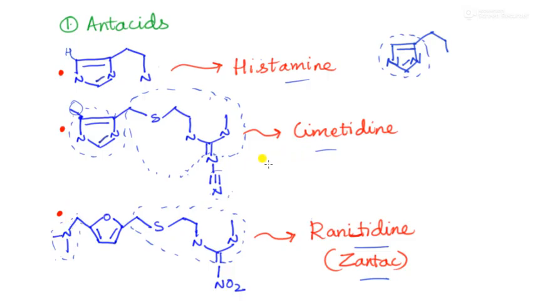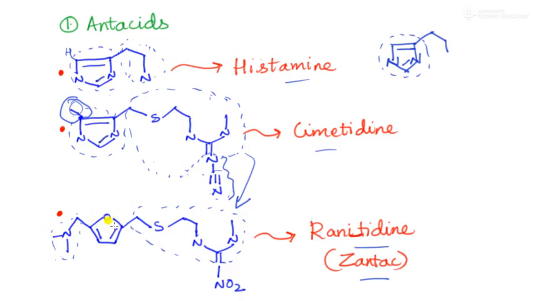Under this, first you should know how to draw this one. If you know how to draw this one, this is just an auxiliary group attached to it. This you should memorize. If you know this one, you can draw this, and please remember this part, because this part is common here also, as you can see, and this is the auxiliary part which you must memorize, these 2 parts.